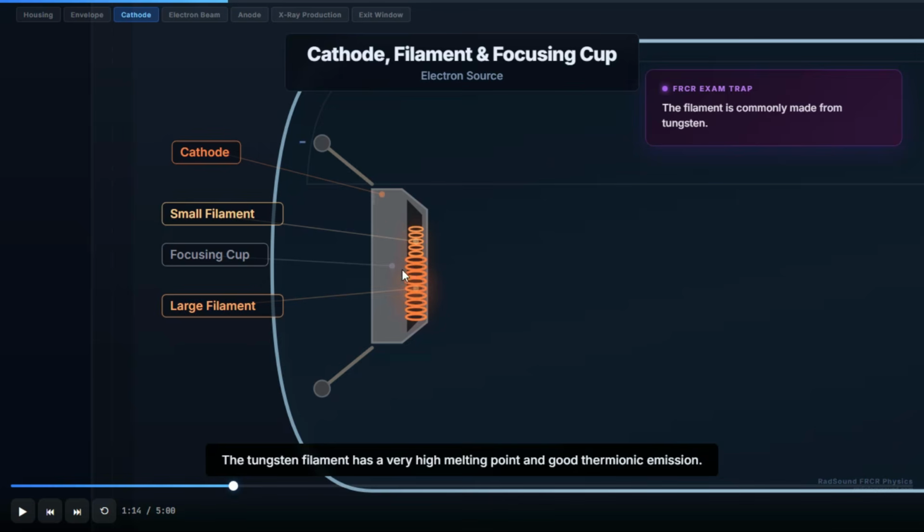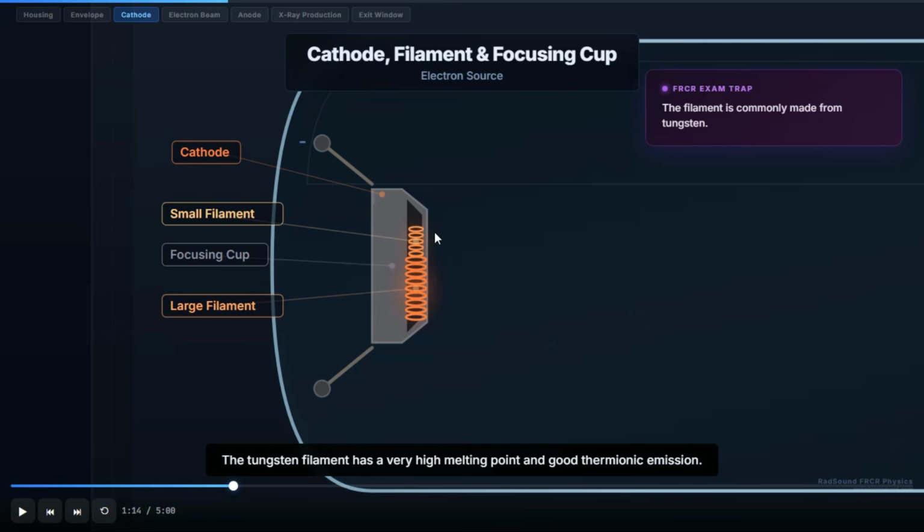All right. Now, when a low voltage and high current is applied to the filament, what's happening? The filament will become incandescent. This heating gives some outer shell electrons in the tungsten of the filament enough kinetic energy to overcome the surface binding forces.